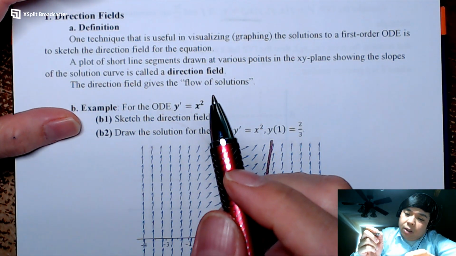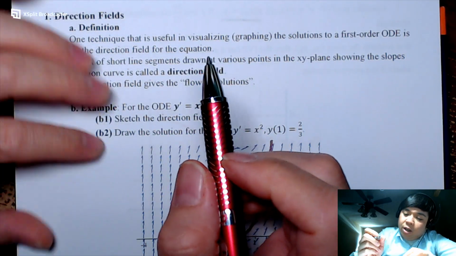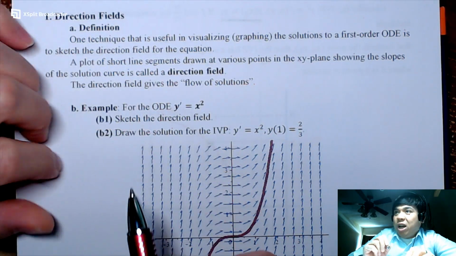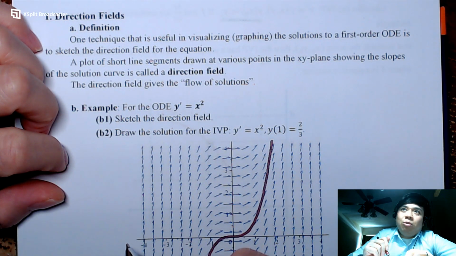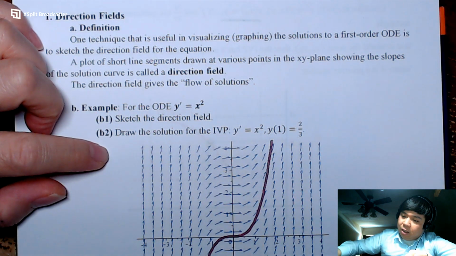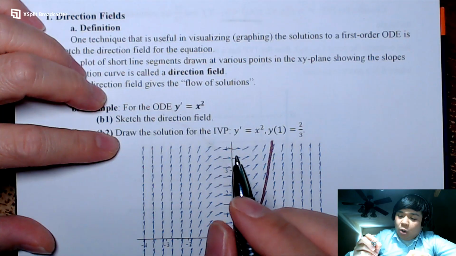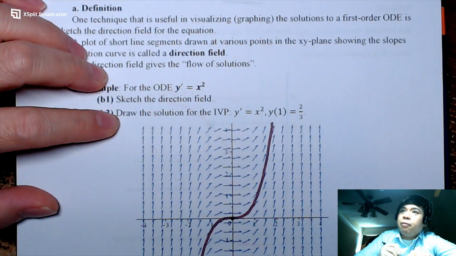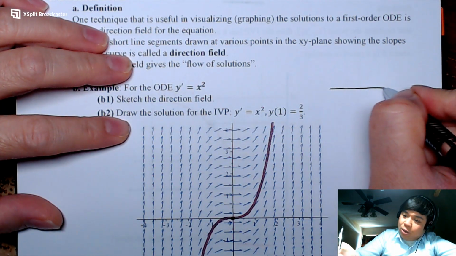So the direction field is where we can write a slope. So the slope equals x squared. We say, okay, how does that help? Well, y prime equals x squared. So let's say I have the point 0, 0 here, meaning x equals 0.